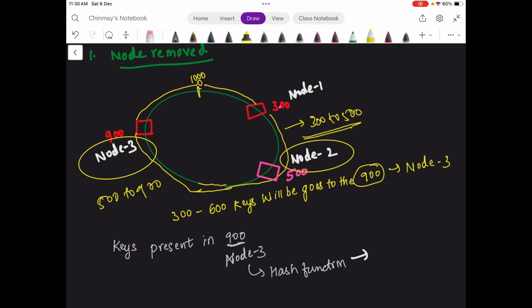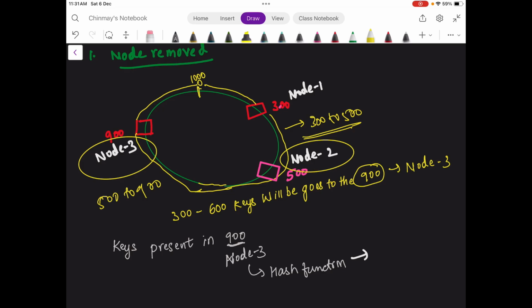That means if a node is added between them, the forward node's keys will be redistributed, again going through the hash function, so that the keys between 300 and 500 are distributed to node 2, and the keys between 500 and 900 are distributed to node 3.